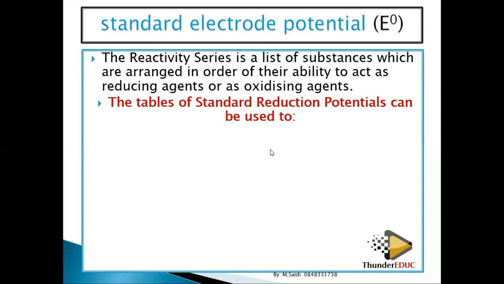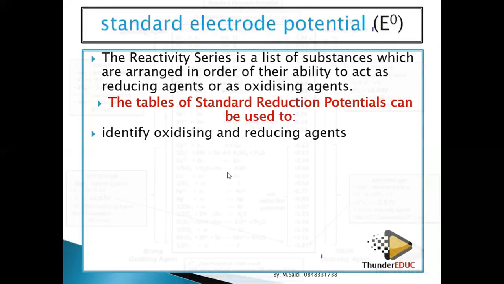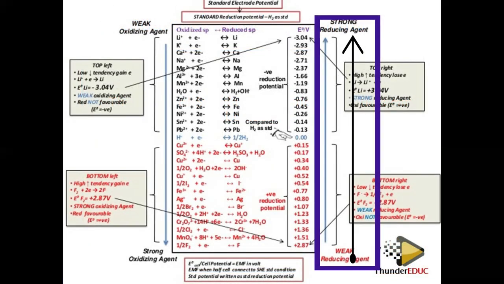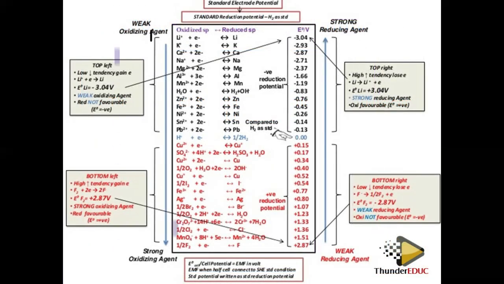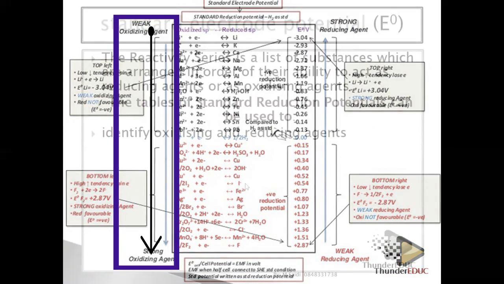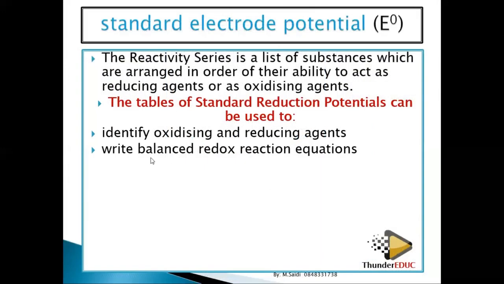So we are saying that a table of standard reduction potential can be used to, number one, identify the oxidizing and reducing agents. So we are able to know that this is a strong reducing agent, this is a strong oxidizing agent. Number two, writing a balanced redox reaction equation.